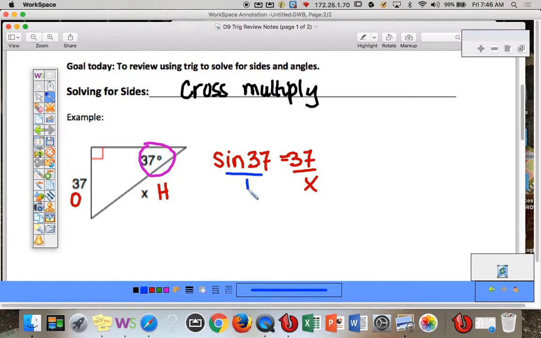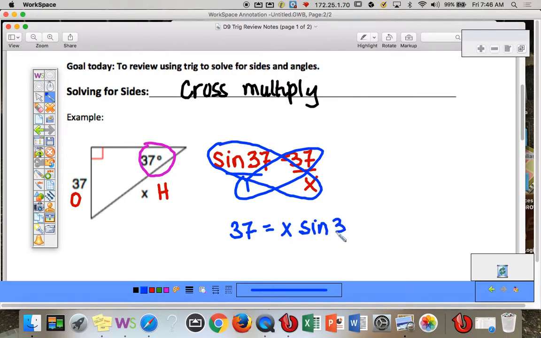So we'll put sine of 37 over 1 and cross multiply. We get 37 equals x sine of 37. Sine of 37 is a number ratio here, so to get rid of it, we're going to divide by sine of 37. That cancels it here, and we get x.